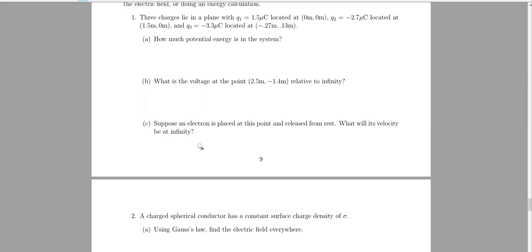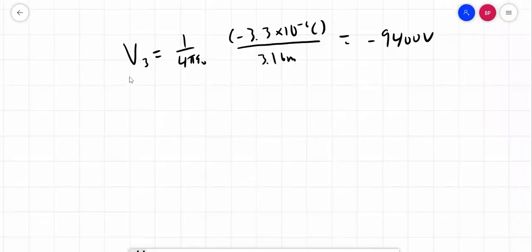All right, so our next part is, suppose an electron is placed at this point and released from rest. What will its velocity be at infinity? Okay, well, this is the voltage relative to infinity, so we could say that this really is a delta V. It's V at the point P minus V at infinity, but we define V at infinity to be 0.